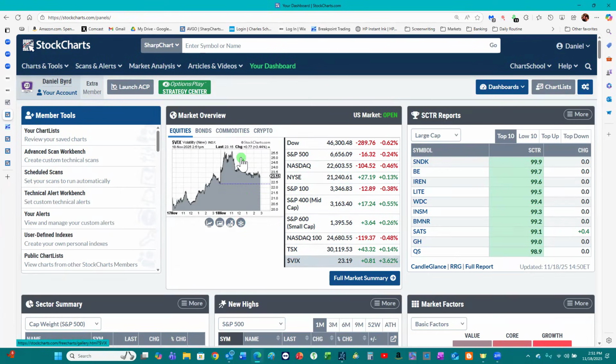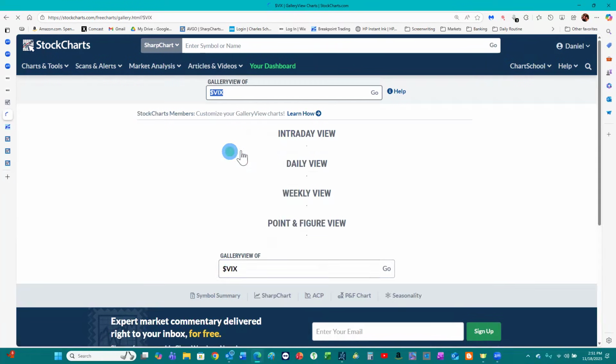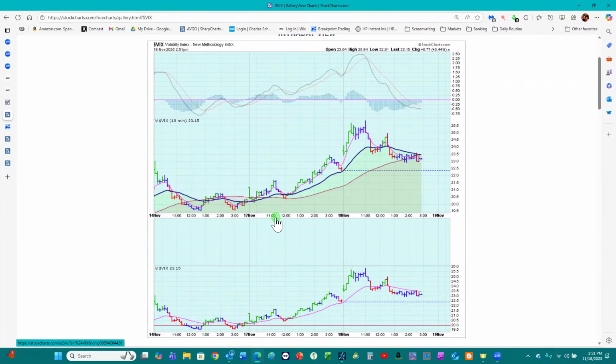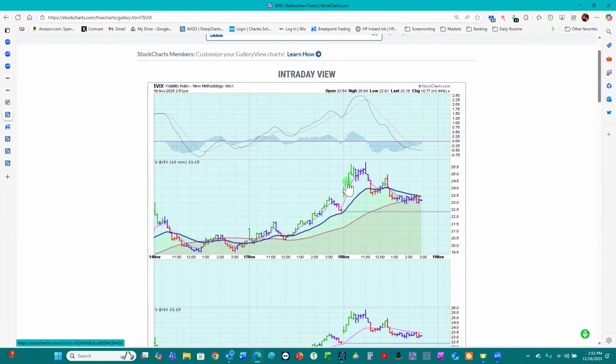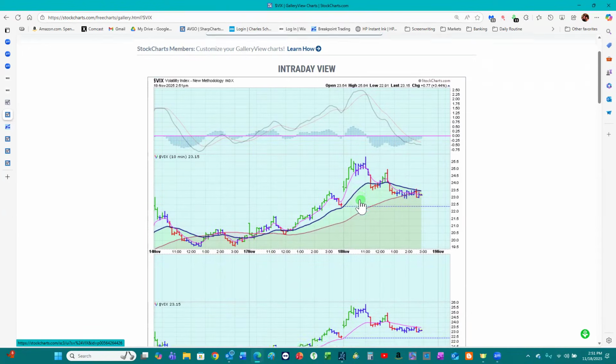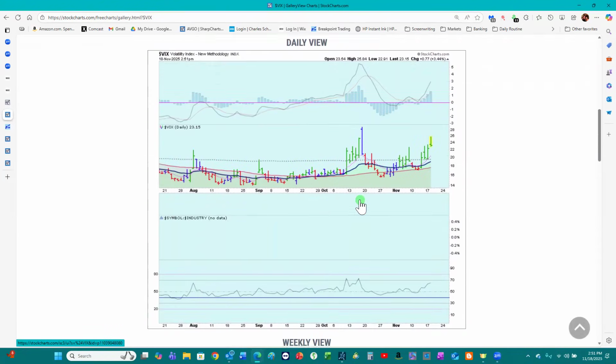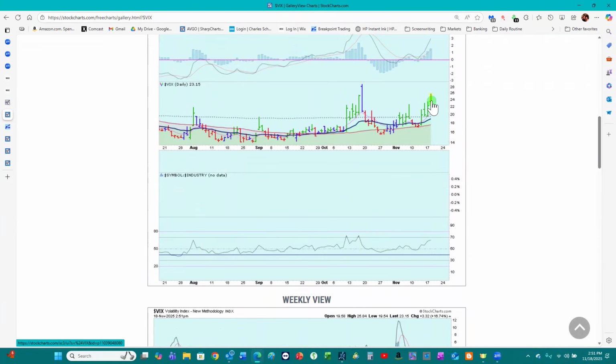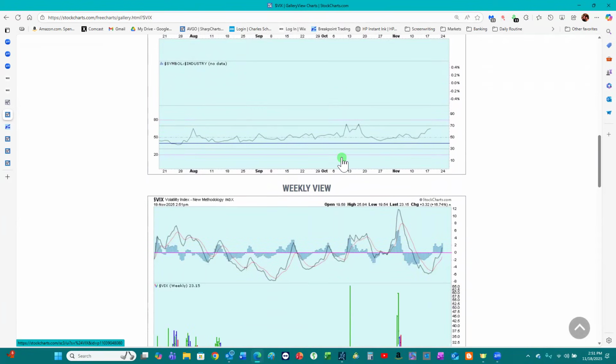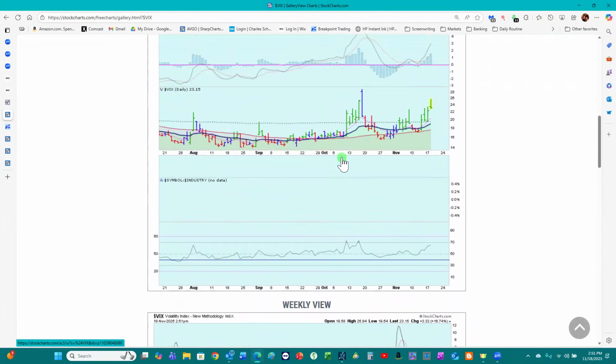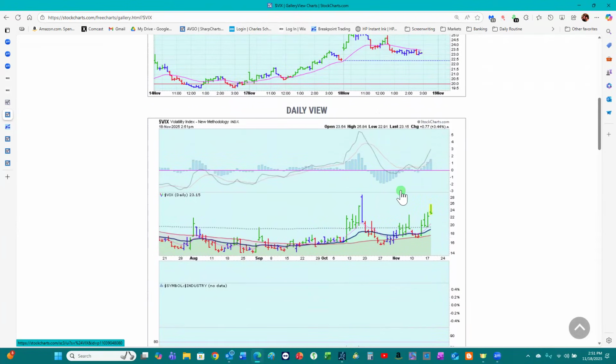It made it all the way up here to 25.50, almost 26. So the VIX was very extended. It's pulling back now. So that's good news. You can see right here, it's actually a shooting star on the VIX. And it's starting to come back down, but it is still very elevated.